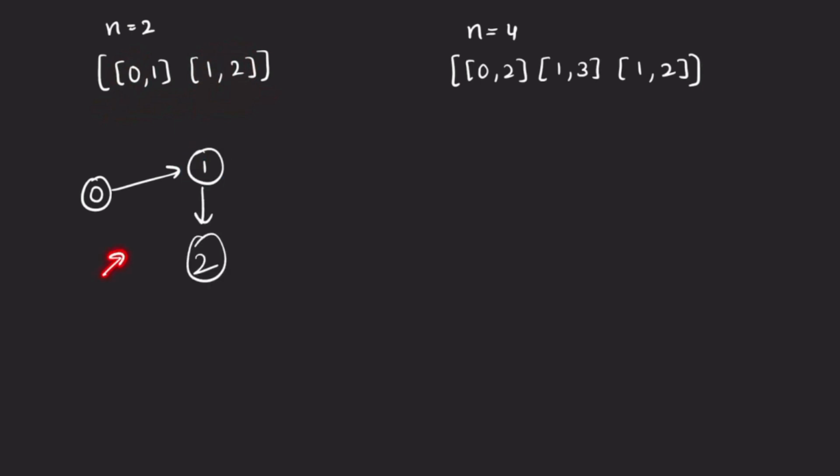Now in this particular graph, what they are saying is that if a particular team has a directed edge starting from it and going towards team B, so if this is team A and it has a directed edge going towards team B, then team A is stronger than team B and team B will be weaker than team A. Now what we need to do is find the champion.